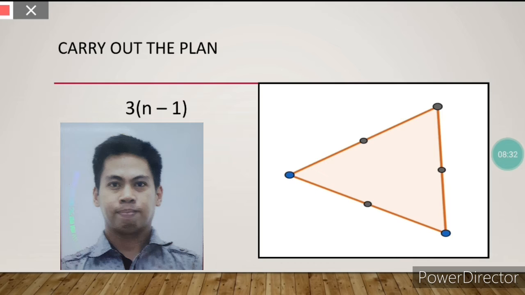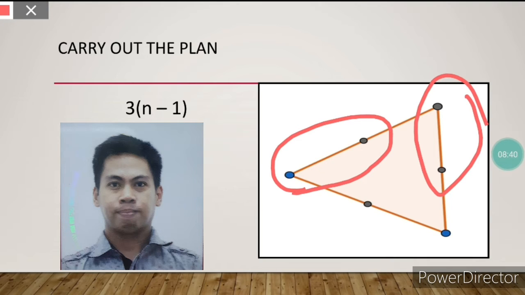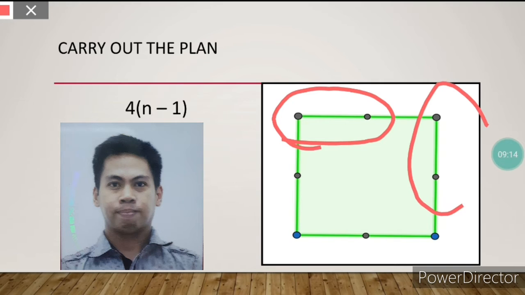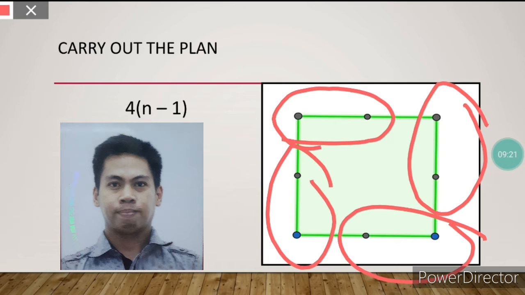If the polygon is an equilateral triangle, we can solve for the total number of dots using the formula 3n minus 1. Now, if the polygon is a square, we can use the formula 4n minus 1, wherein from this figure, it shows here that there are 8 dots in the square.